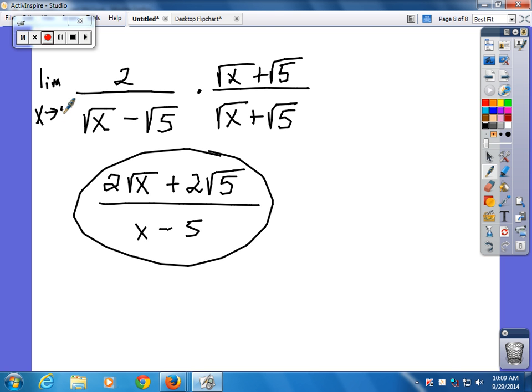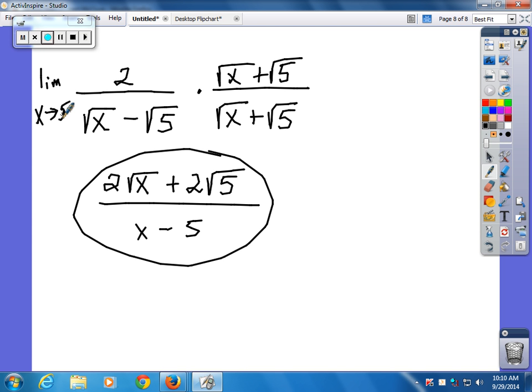If x approaches 5, what would you get? Somebody tell me what you would get if you plug in 5. 0 where? And what happens there? If you get 0 in the denominator, the function blows up. It's undefined. And that doesn't do anybody any good.